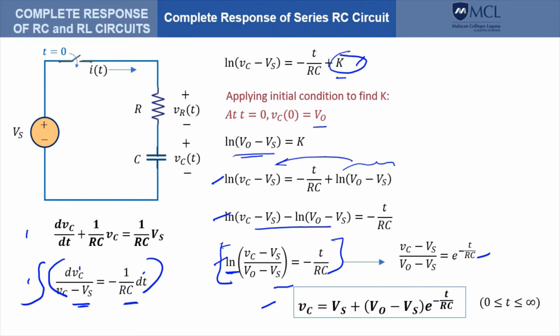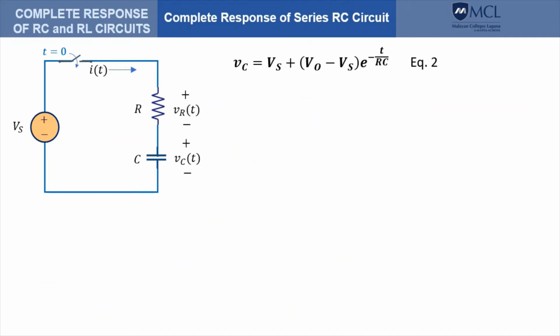Take note that v sub c is valid for time from t equals 0 to time infinity. It is not valid for t less than 0. So this is our v sub c again.